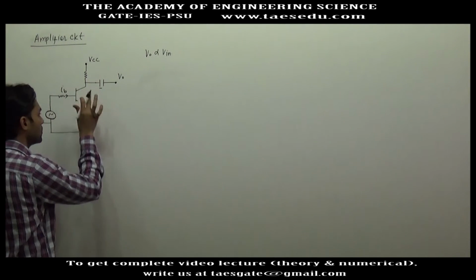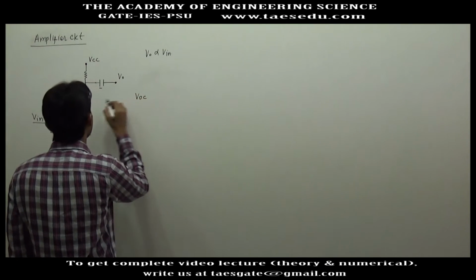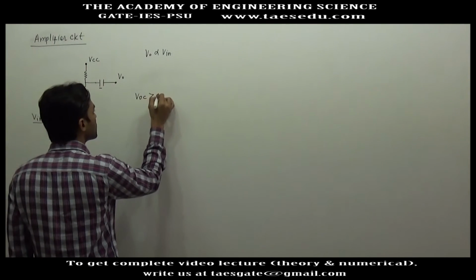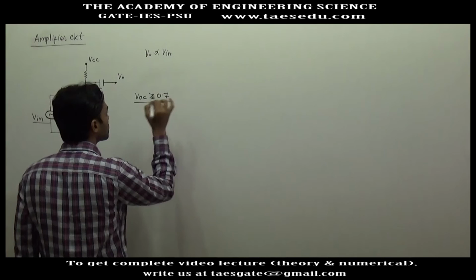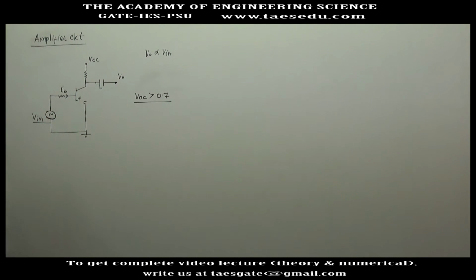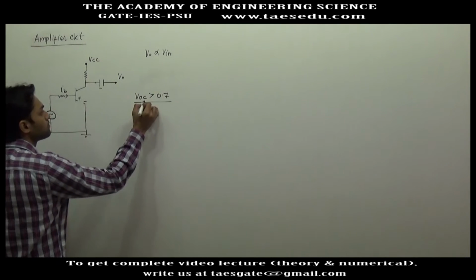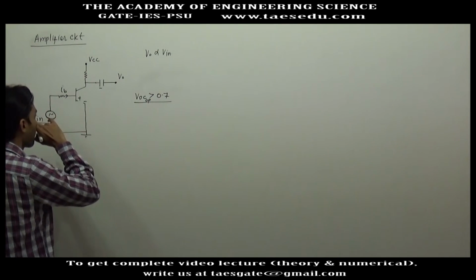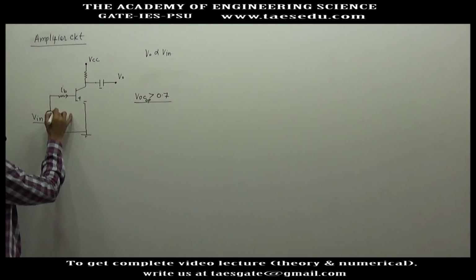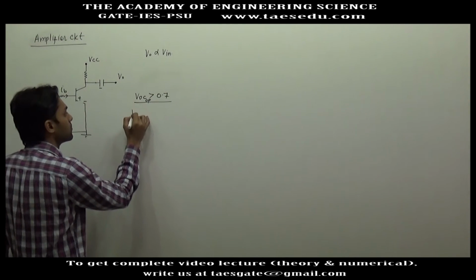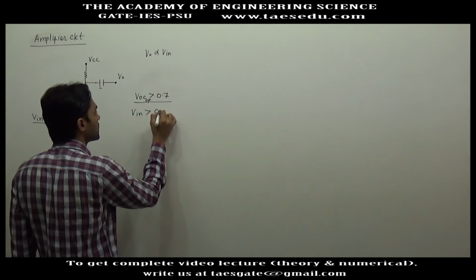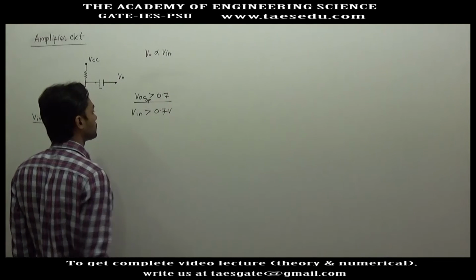This open circuit voltage VOC must be greater than 0.7 volt. To take the transistor out of cutoff region, what will be VOC, open circuited? If this is open circuited, this will be nothing but V input. So V input must be greater than 0.7 volt.